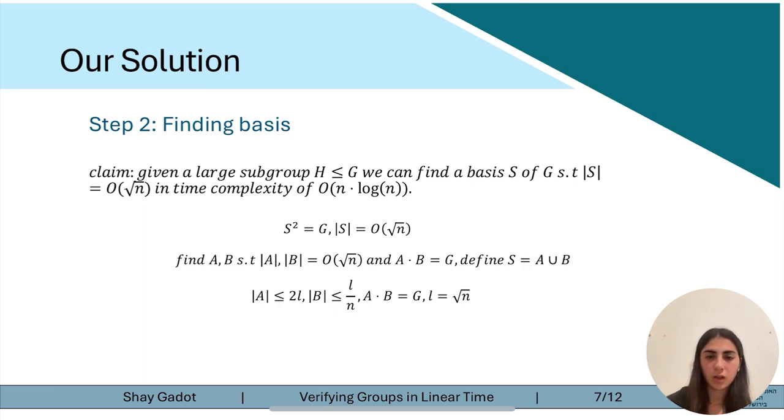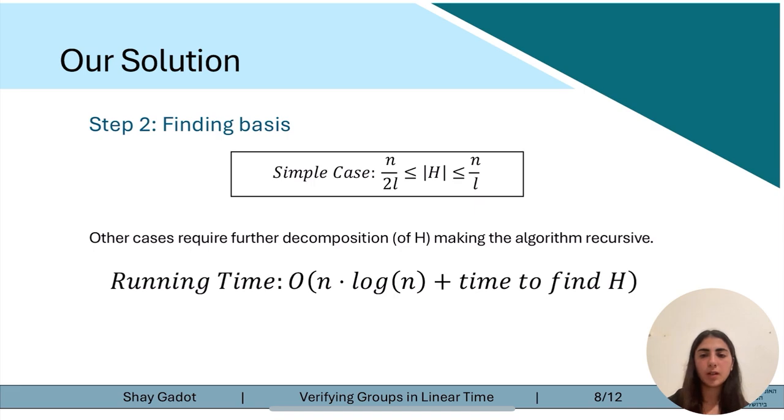I touched this topic a little bit before we defined it, and the algorithm works in different ways according to the size of H. So the simplest case is when the size of the large subgroup H is smaller or equal to n divided by L, and bigger or equal to n divided by 2L, and then we can choose B to be this H, which is smaller or equal to n divided by L, and A to be the quotient group G over H, and in that case we get A to be smaller or equal to 2L as we wanted.